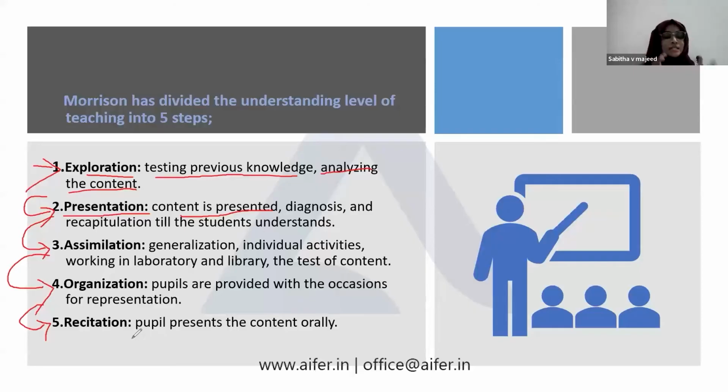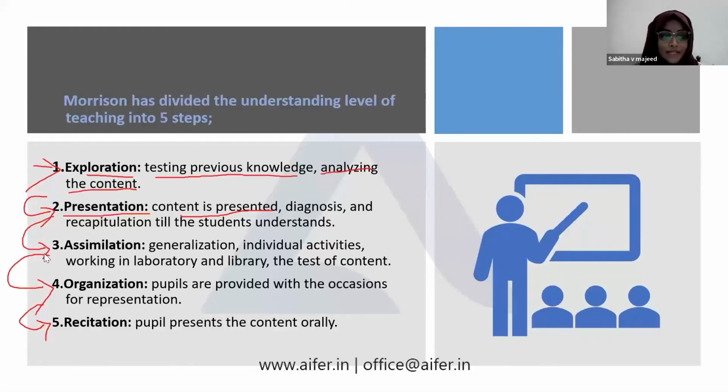In the organization stage, the students are provided with the occasion for representation, the occasion for submission of the content they have collected. Then the last one, the recitation stage, in which students present the content orally in front of the students. These are the stages that occur in the understanding level of teaching.